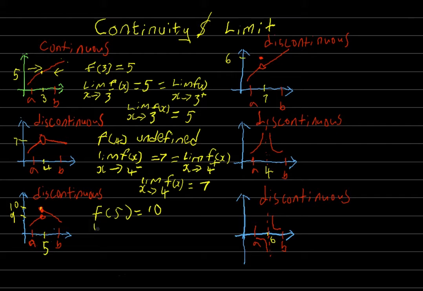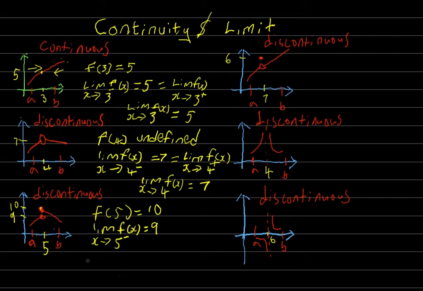If we check the limit as x approaches 5 from the left hand side of f of x, on this part of the graph we can see that it is approaching the value 9.